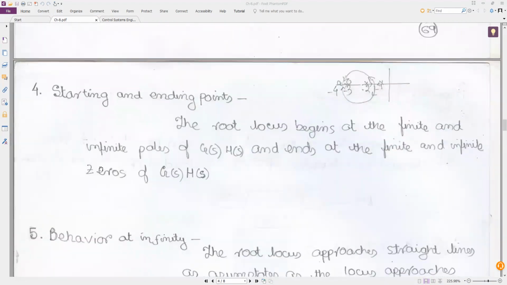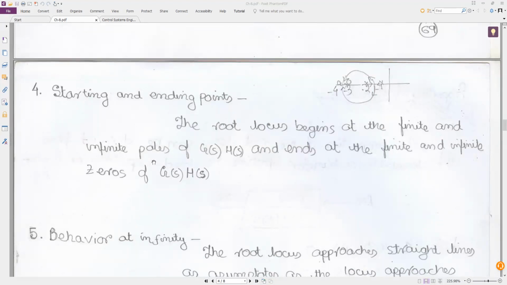Okay. Starting and ending points. The root locus begins at the finite and infinite poles of G(s)H(s) and ends at the finite and infinite zeros of G(s)H(s).